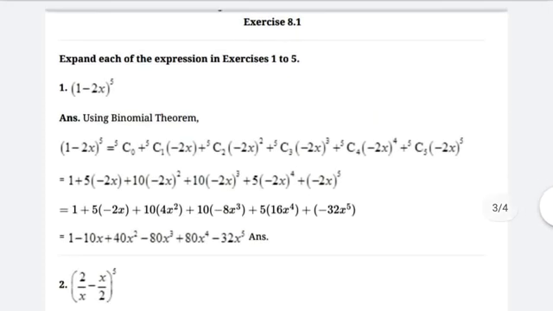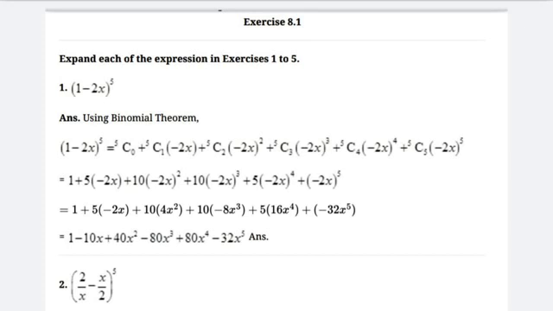First question is, expand each of the following expressions in exercise 1 to 5: (1 - 2x)^5, right. What you have to do, simply apply the sequential formula, that is (1 - 2x)^5.